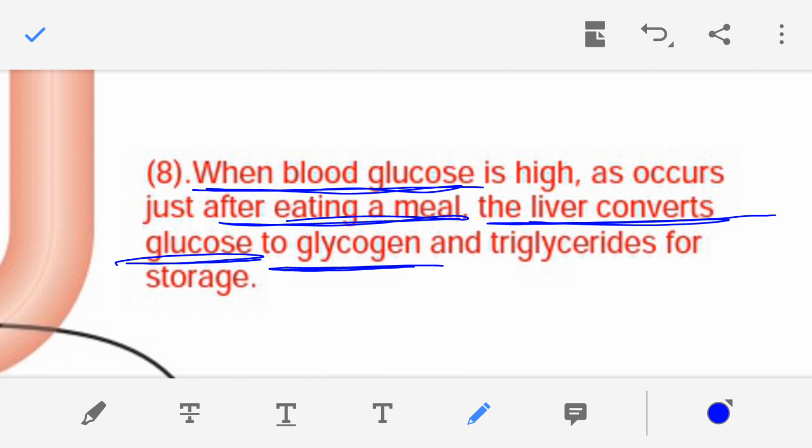Most of the glucose after digestion will enter into the main bloodstream, the main blood circulation.